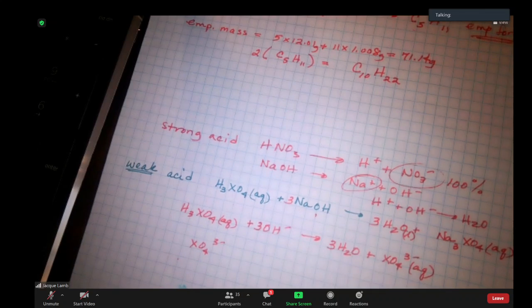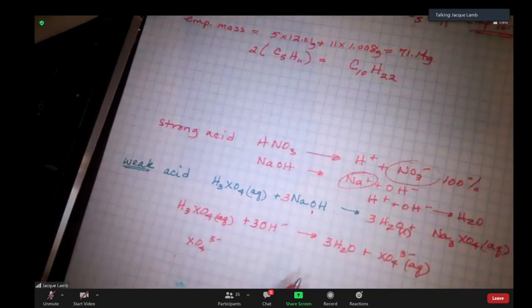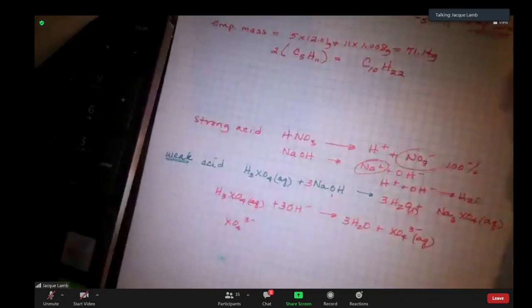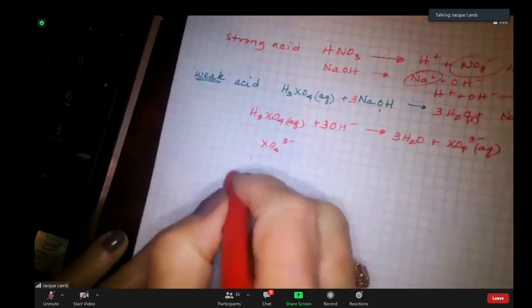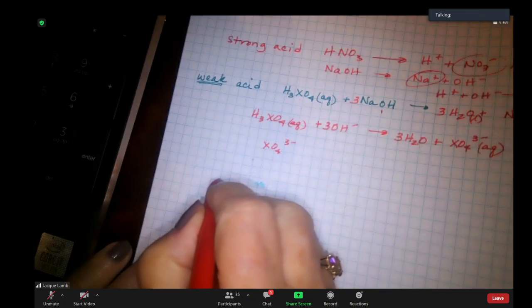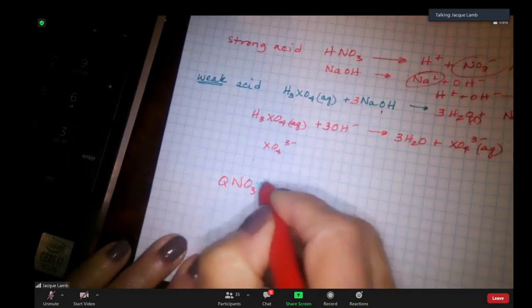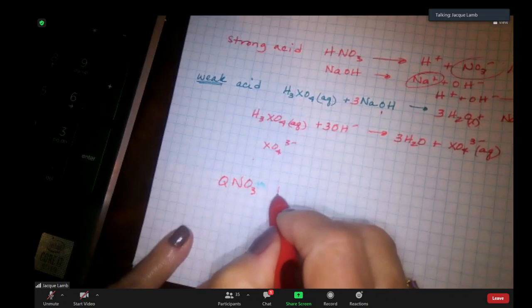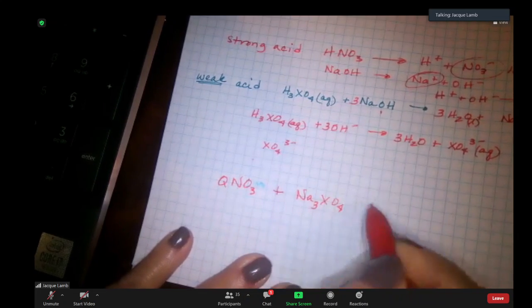Okay. That came up in the ionic equations as well. Let me give you one example. You had QNO3 plus Na3XO4.